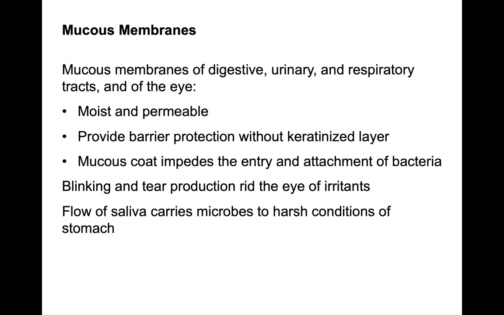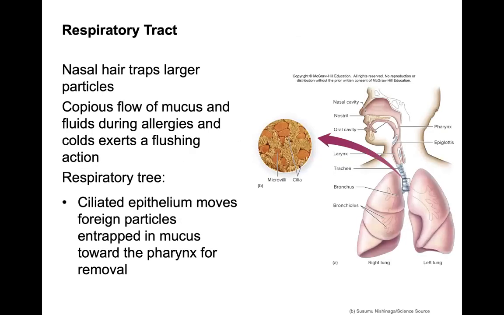Blinking and tear production will rid the eye of irritants, and flow of saliva carries microbes to harsh conditions within the stomach. The respiratory tract, you have nasal hair that traps larger particles. Copious flow of mucus and fluids during allergies and colds will exert a flushing action.